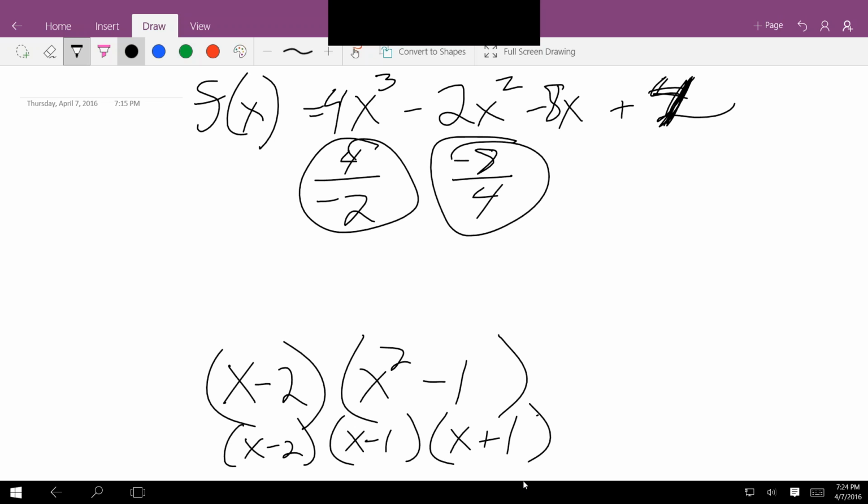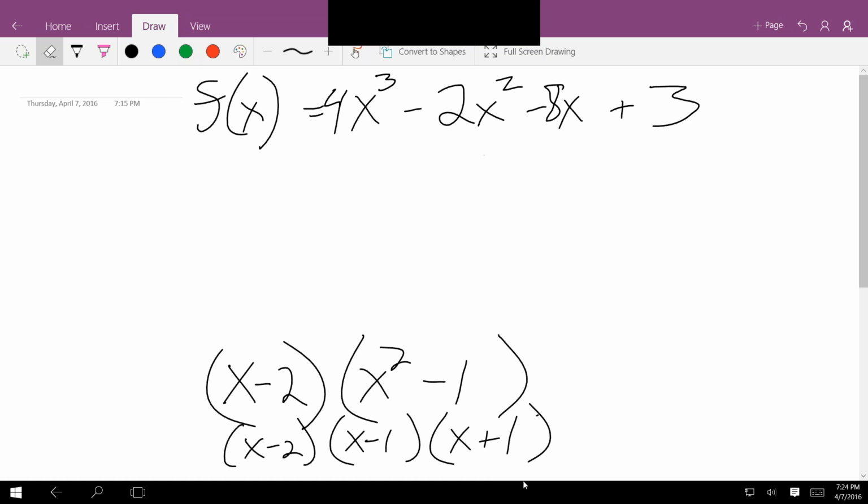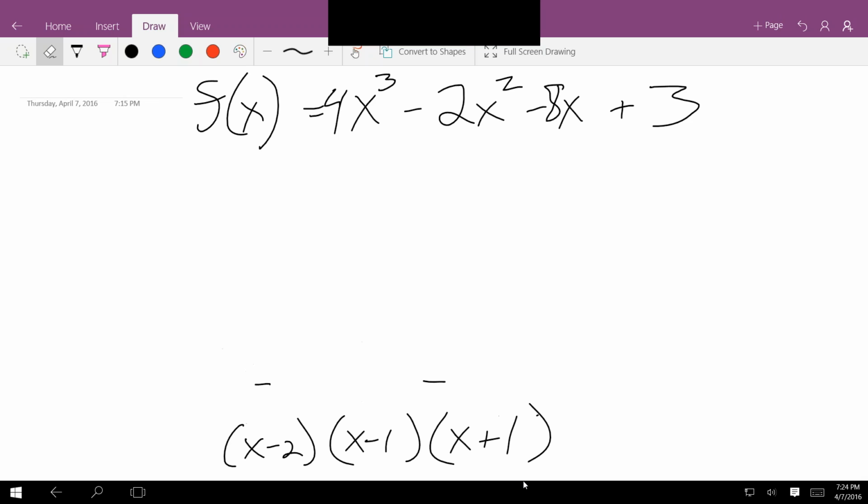If I change this last number to a 3, then I can't solve it by grouping, because those two ratios are no longer the same. And you'd have to solve this the hard way, the rational factor theorem way. But if they give you a cubic that can be solved by grouping, usually you're supposed to solve it by grouping. In other words, they mean for you to solve it by grouping.